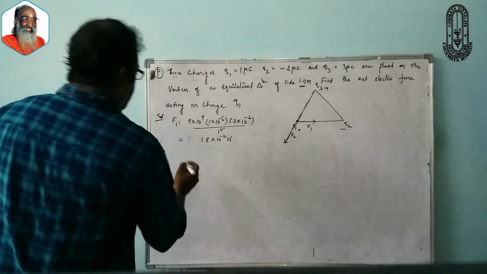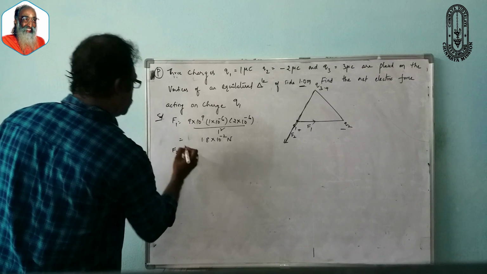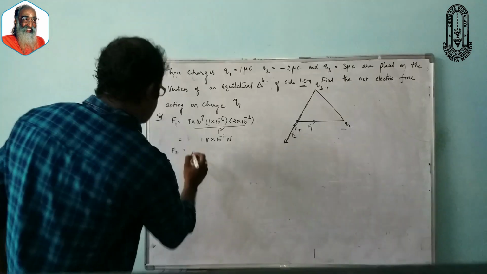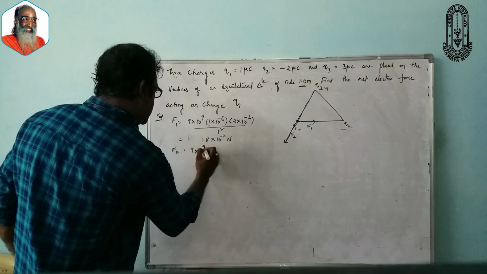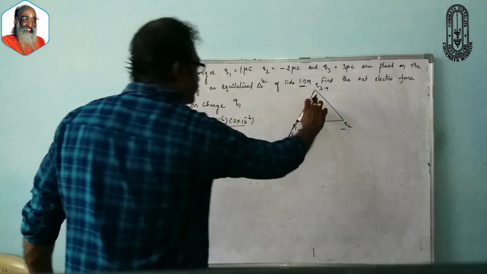And similarly, F2. F2 is, say, 9 into 10 to the power of 9, and what is F2 between Q1 and Q3?